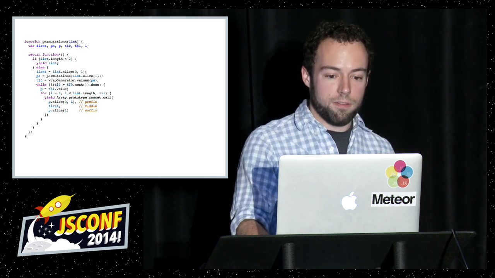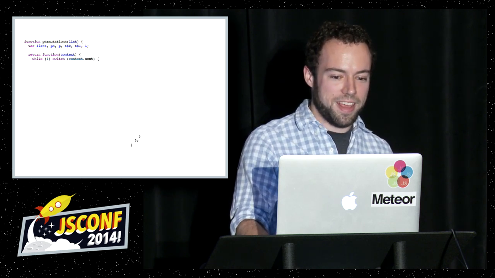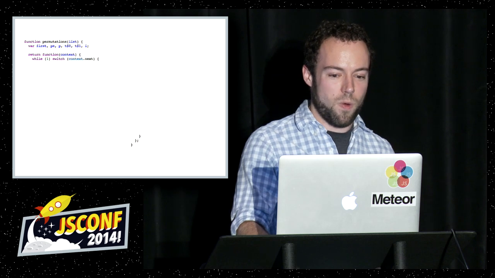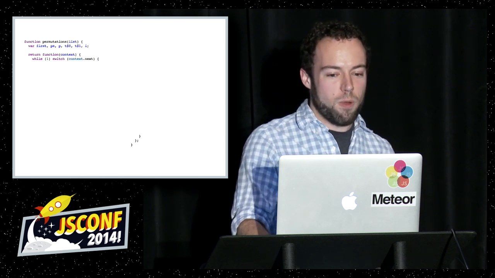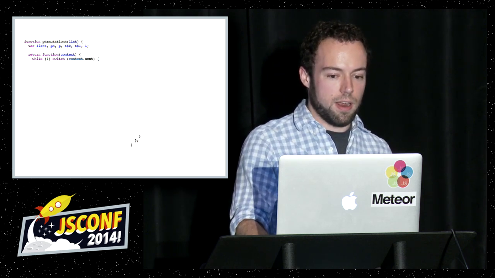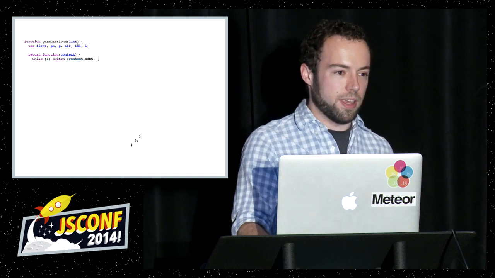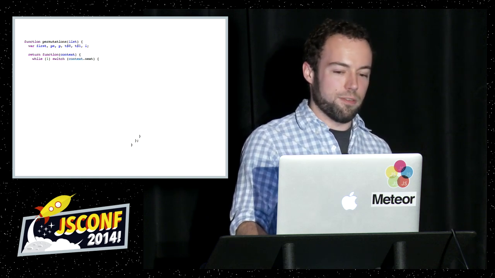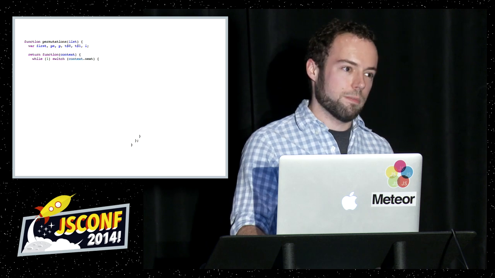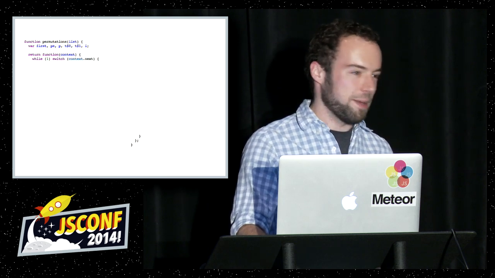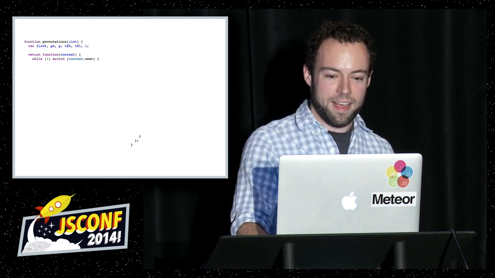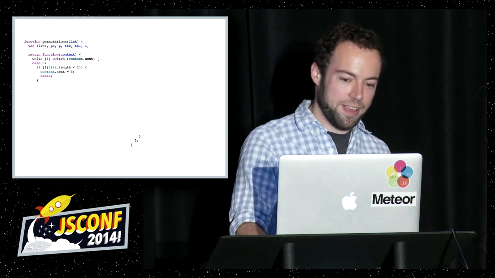And my idea for how to do that was to have a switch statement inside of a while true loop, where the cases of the switch statement are jump targets that we can sort of jump to as if we had a go-to statement in JavaScript, which sounds like the worst thing in the world, but ends up being pretty cool. So the first one is case 0, as you might imagine.